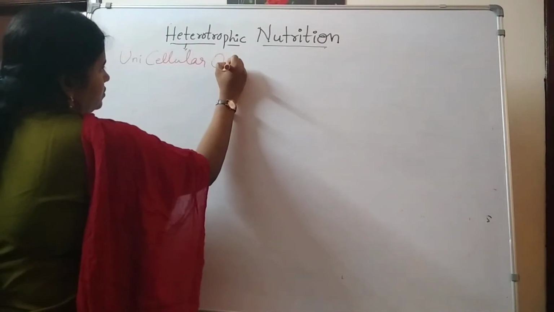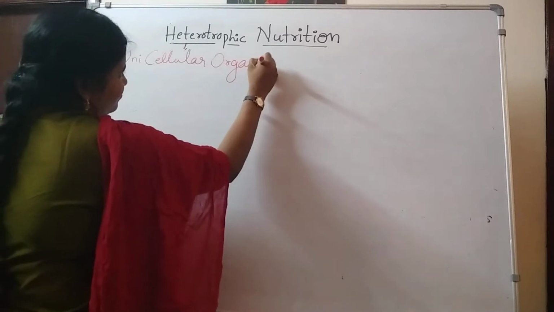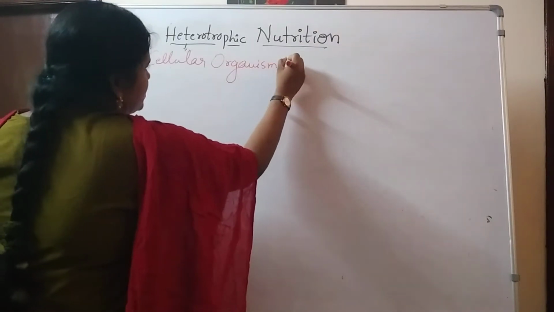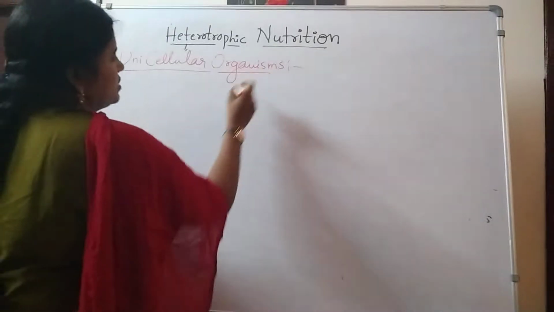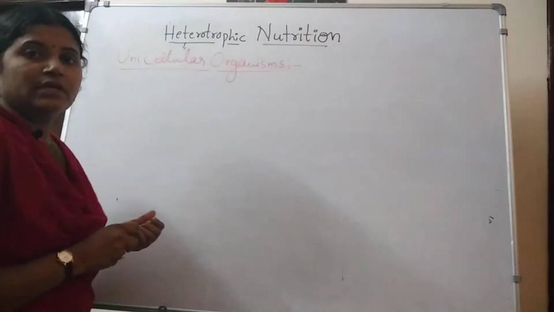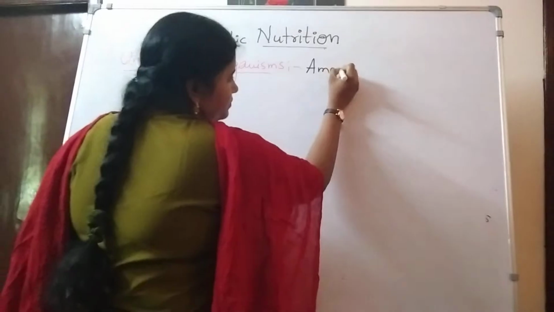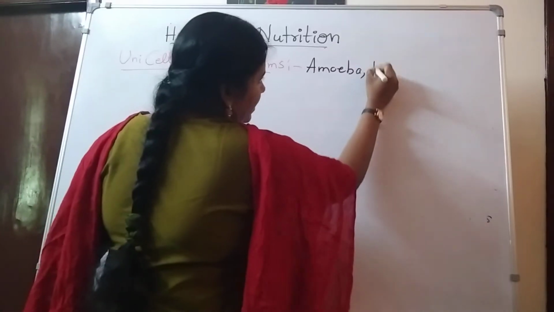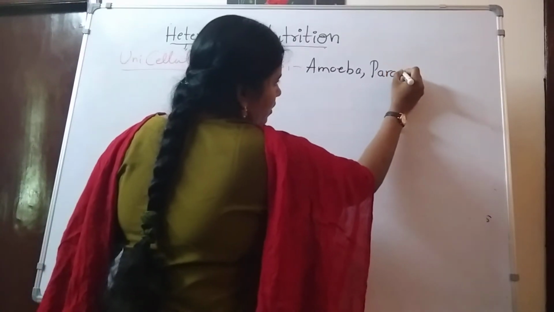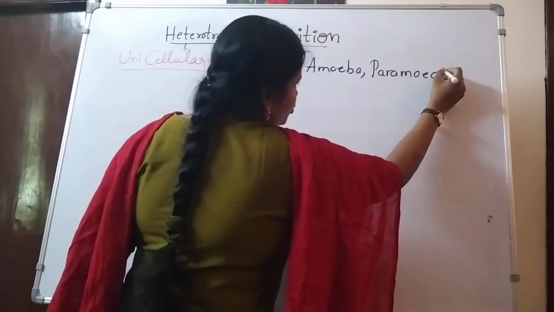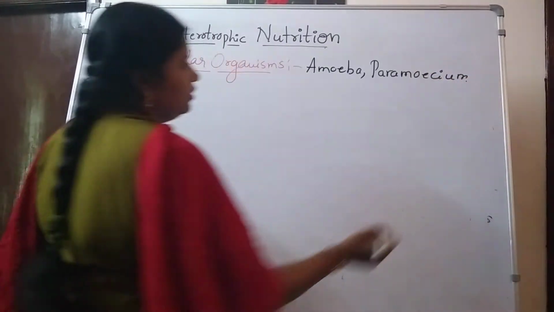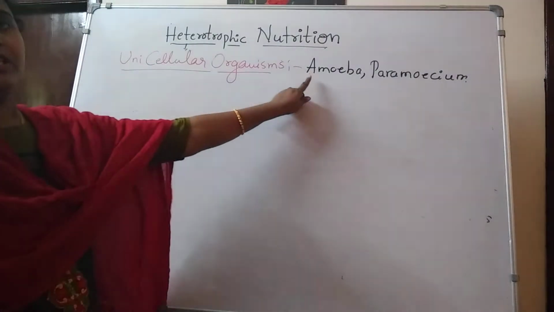What are the examples for unicellular organisms? Examples will be amoeba and paramecium. First we will see nutrition in amoeba.